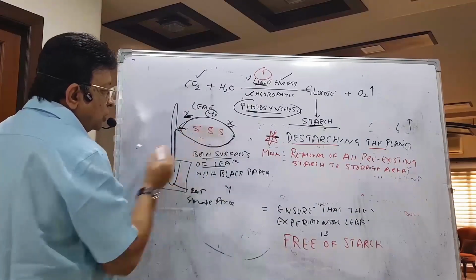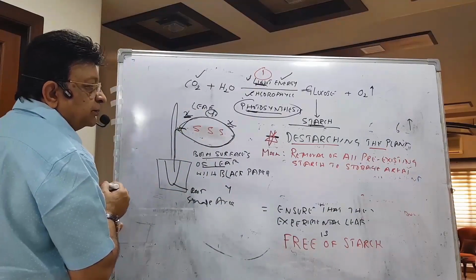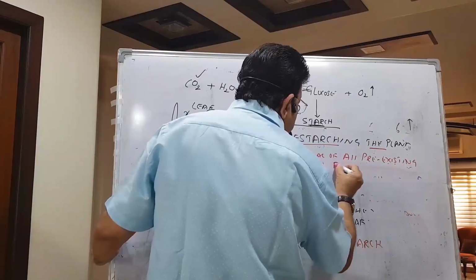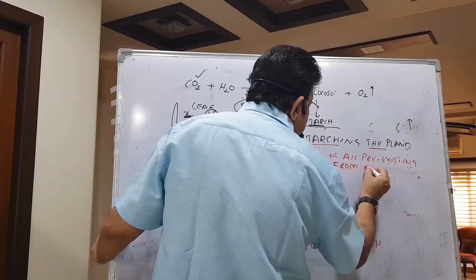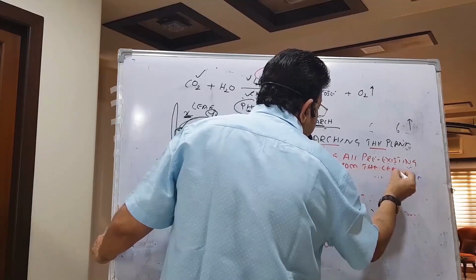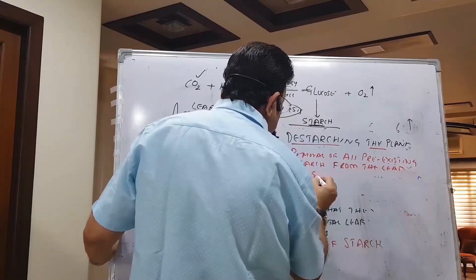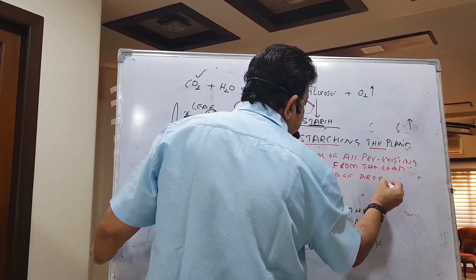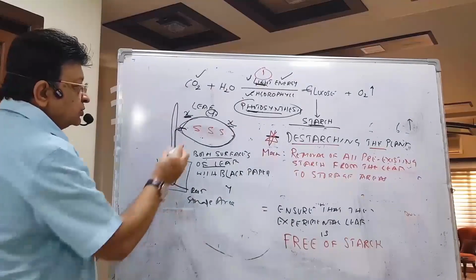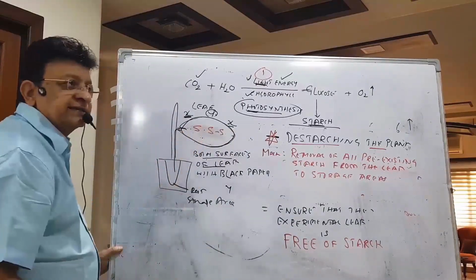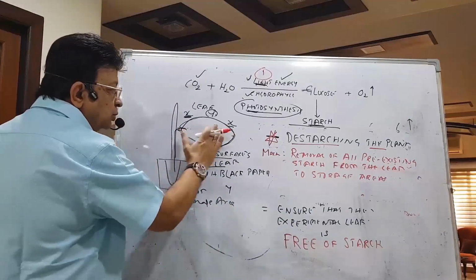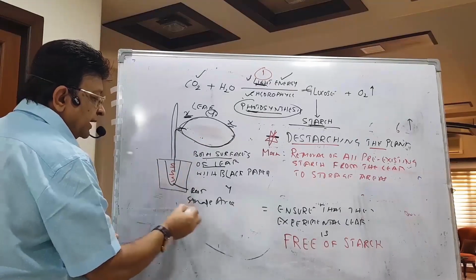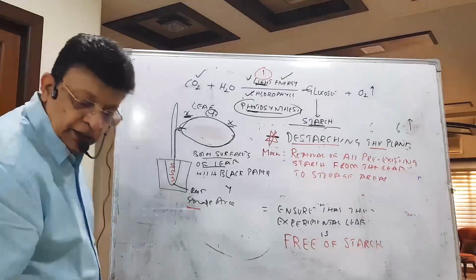So I'm going to move all the starch present, removal of all starch from the leaf, correction, from the leaf to storage areas. So I'm going back to the leaf so that you understand. So you can see there is all pre-existing starch in the leaf. I have to de-starch the plant, remove all the starch and take it to the storage area.